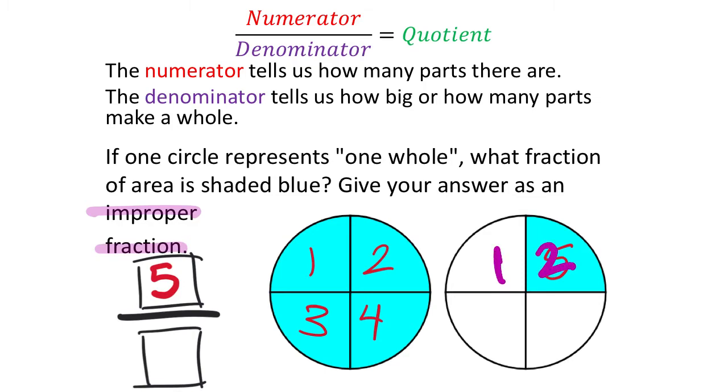So that's 1, 2, 3, 4 pieces will make up a full circle, so this would read as 5/4. And again, if you were to write this freehand, it'd be 5/4, something like this. And that is this same example as an improper fraction.